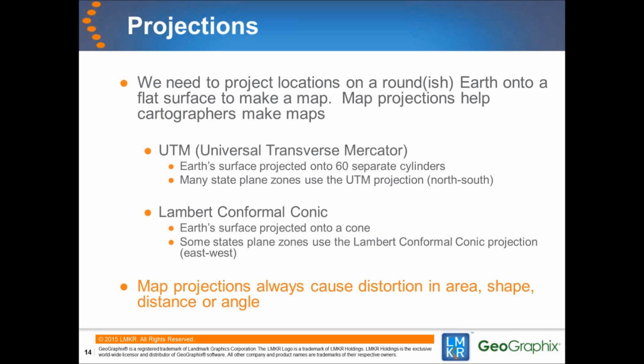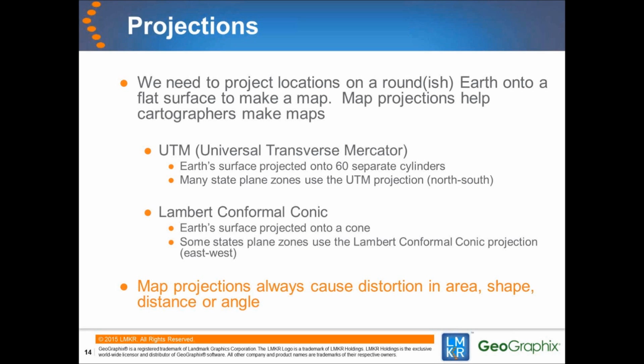So, for instance, a lot of us use the Universal Transverse Mercator zones to set up our map display systems in GeoGraphix. What is not distorted in the Universal Transverse Mercator zone is the angle.